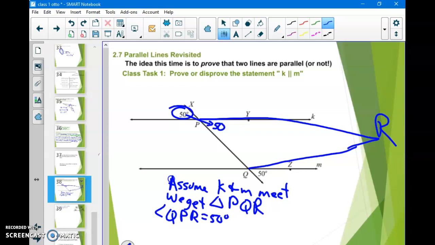We also know that this angle here, we'll call it PQR, equals 130 degrees because that's a linear pair. And so we're going to say 50 plus 130 plus angle R equals 180.